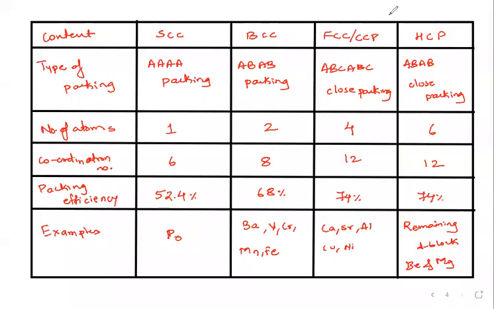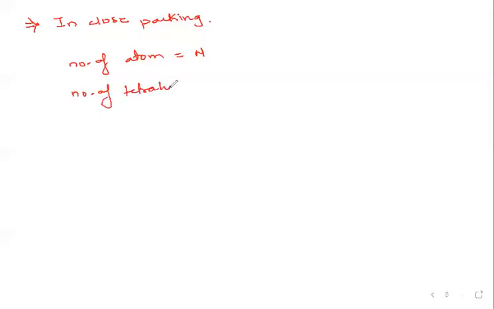Next we'll see how to identify the number of octahedral voids and tetrahedral voids in close packing. In close packing, if the number of atoms is equal to n, the number of tetrahedral voids is equal to 2n.